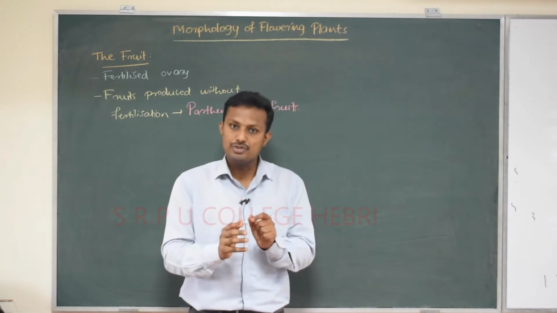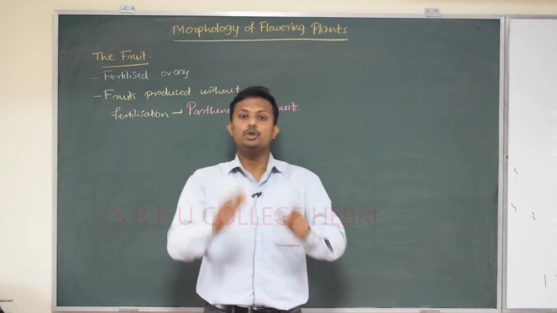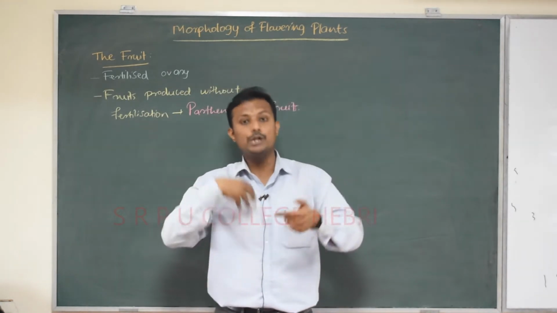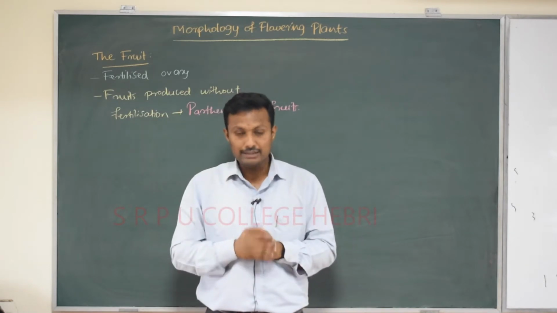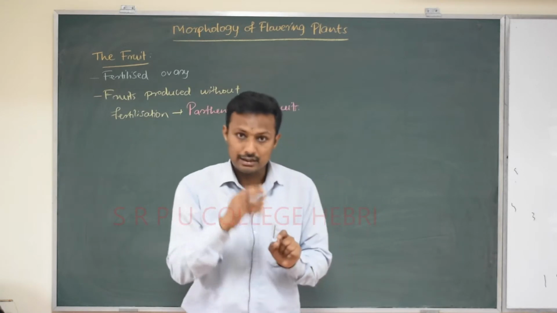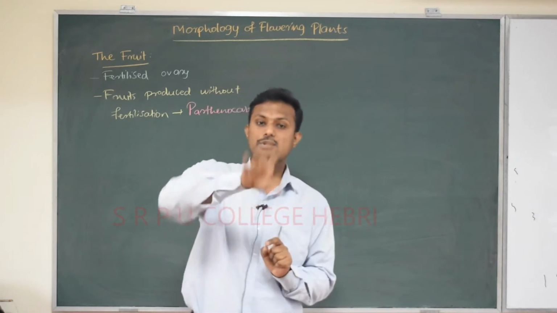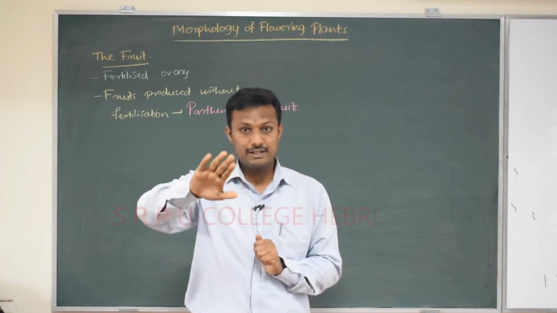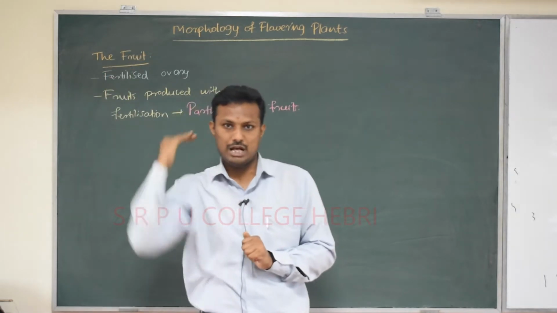These hormones make the ovary ripen into a fruit, and the same hormones are responsible for the conversion of the ovules into seeds. That is what happens naturally when fertilization happens.